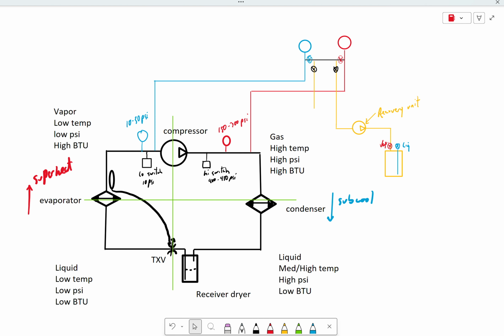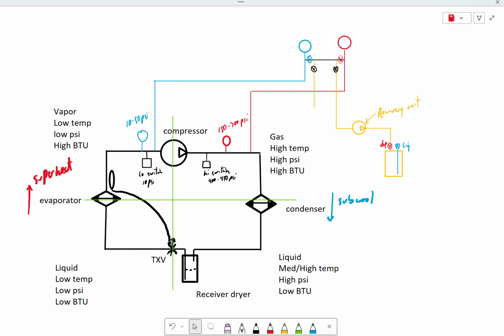So if you spend that much money, and then let's say you have a nice clean tank full of recovered refrigerant, do you want to contaminate that refrigerant with a bunch of who knows what that's in the system? Nope. So if you can trust what's in the system, then yes, go ahead and recover it into your good 134 recovery tank.